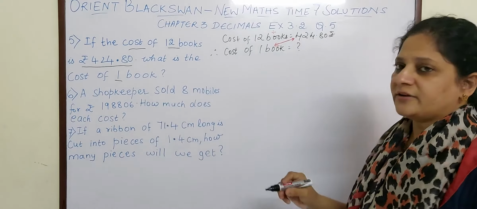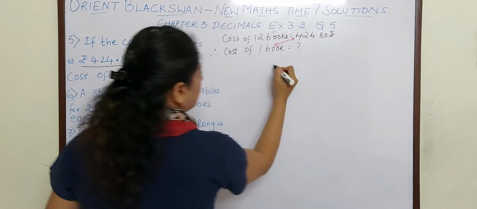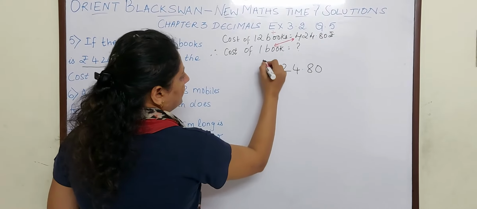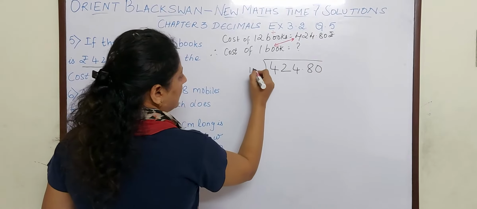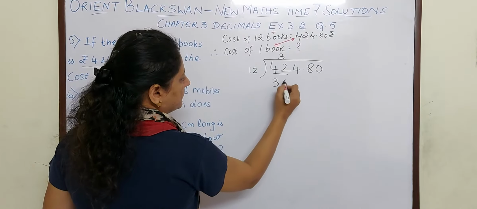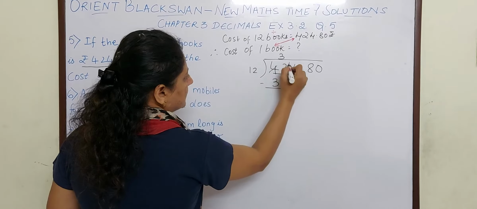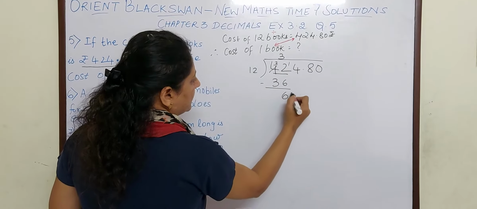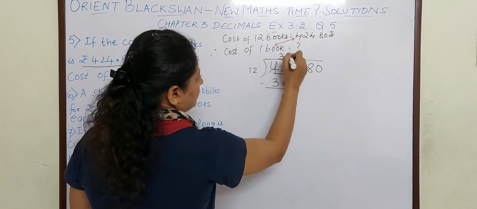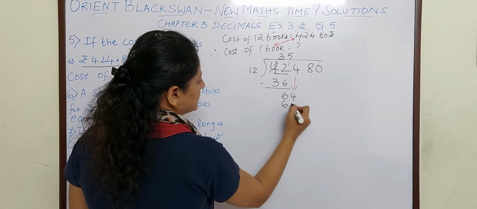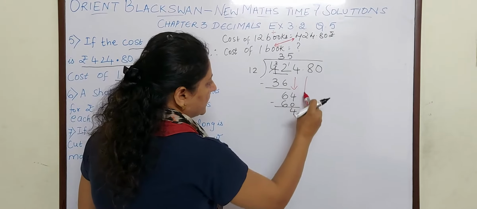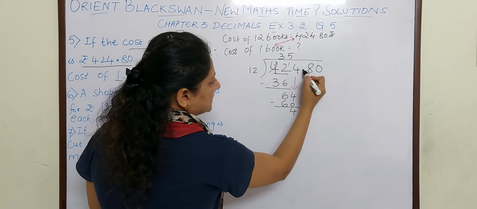1 into 424.80 is 424.80. So 424.80 divided by 12, right? So first we will take 42. So 12 3s are 36. 42 minus 36 is 6. Bringing down 4, it is 64. 12 5s are 60. 4 is remaining and before bringing down 8 you can see there is a decimal here.